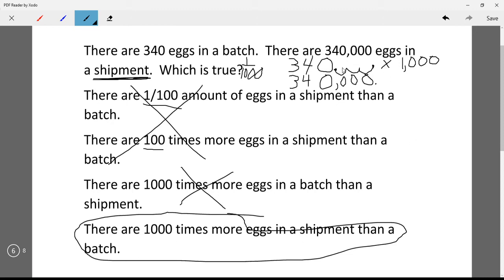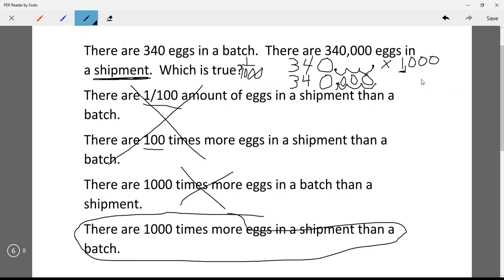So really what we're trying to figure out is how many times you have to move the decimal place. And that's the amount of zeros you put after the 1, right? When you're figuring out how many times greater something is. Or if we were going the other way, if we were going from 340,000 to 340, it would be 1, 2, 3 decimal places to the left, and then it would be 1/1,000th.